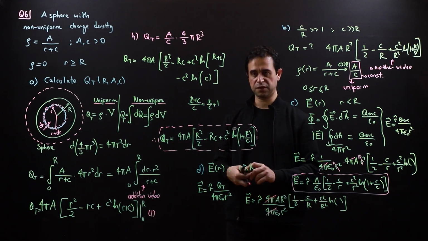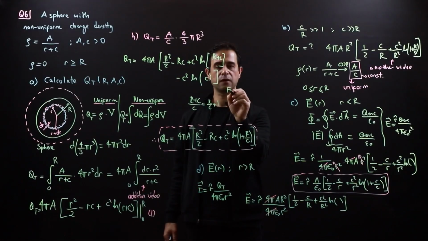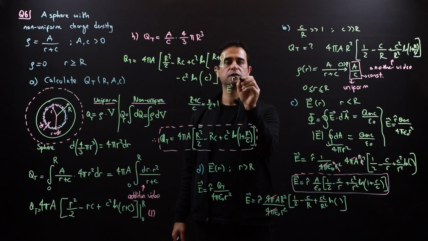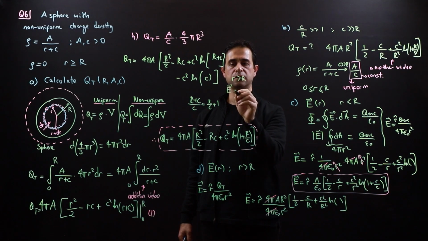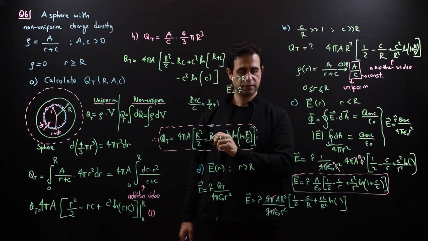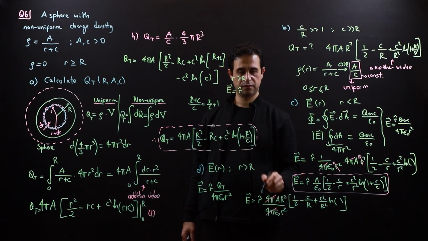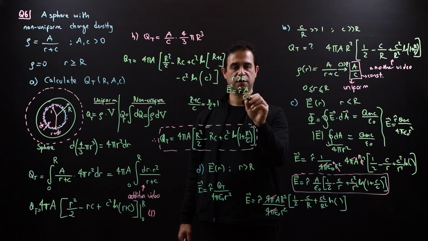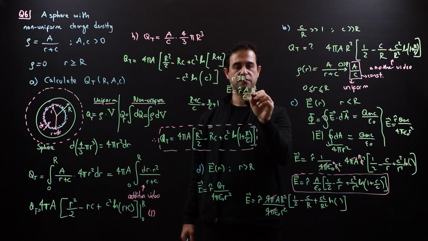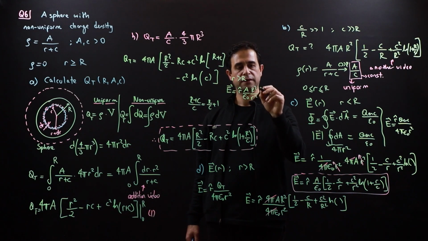So let me write down the final answer here. E, for r greater than R, is going to be r hat times a divided by epsilon 0 times capital R squared divided by small r squared.